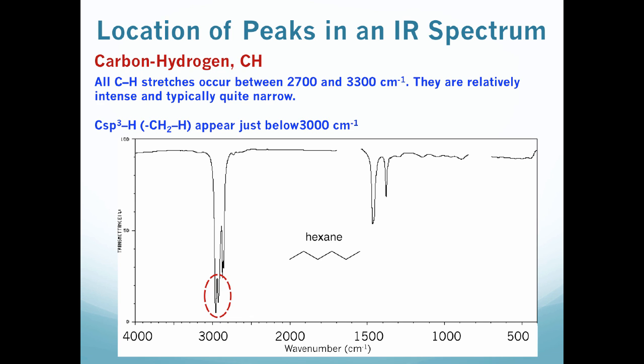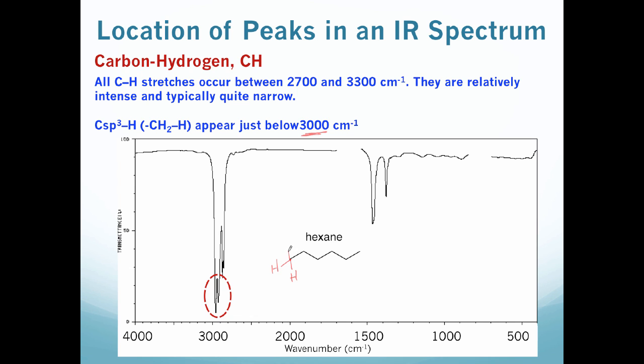sp3 hybridized carbon-hydrogen bonds. These appear just below 3,000. So 3,000 is important here because that's going to be our cutoff for sp3 hybridized carbons and sp2 hybridized carbon hydrogens. So in this case, we're looking at hexane. All of the carbons are sp3 hybridized, and all of these carbons have hydrogens attached.